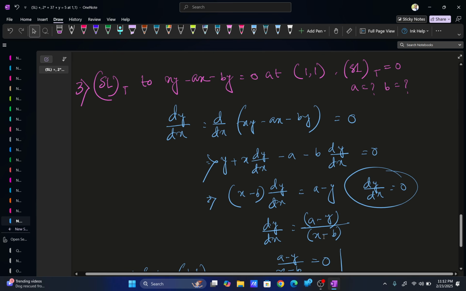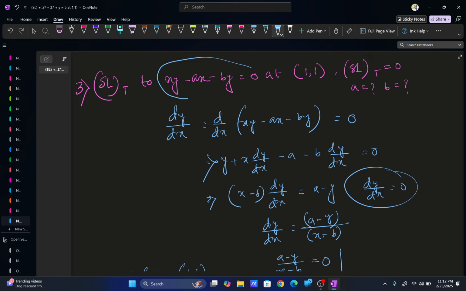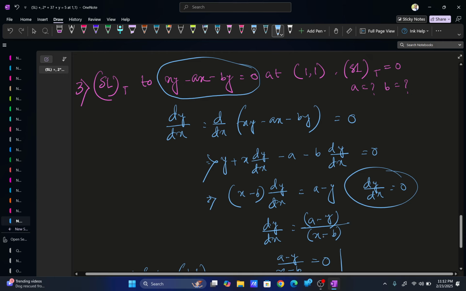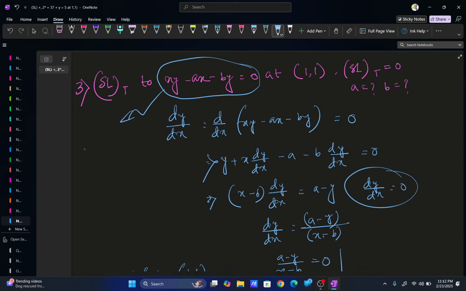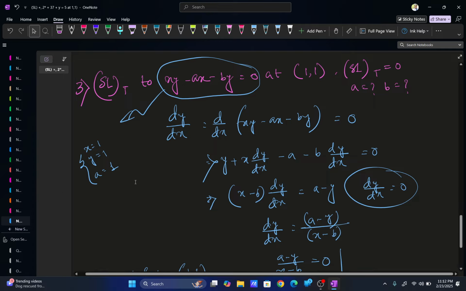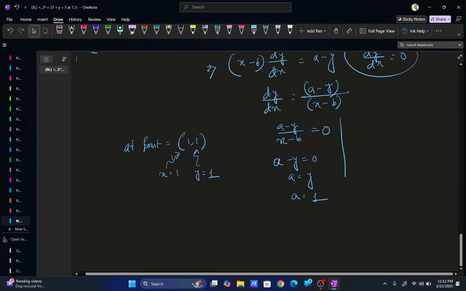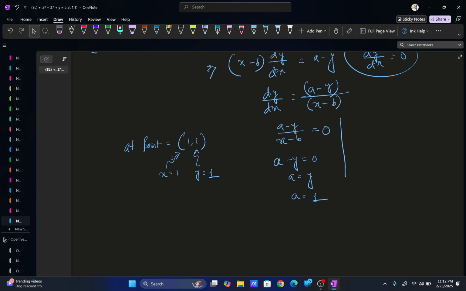Then in this equation we know x equals 1, y equals 1, and a equals 1. If we put all three values in, we get the value of b. In the last part we just plug in the values of a, y and x.